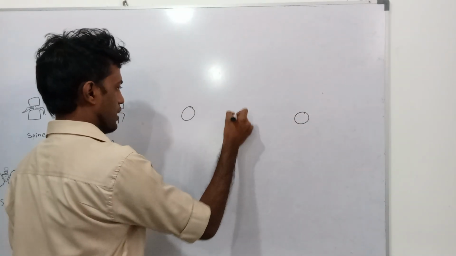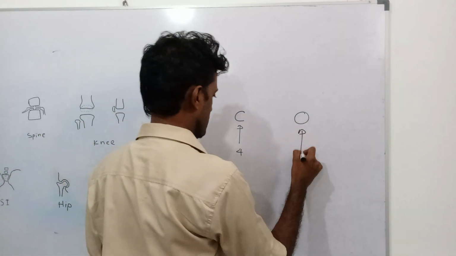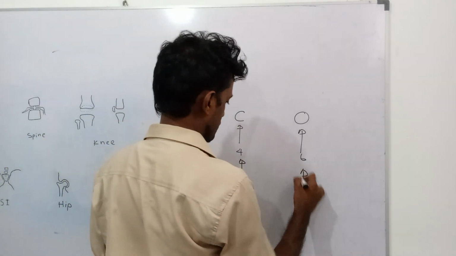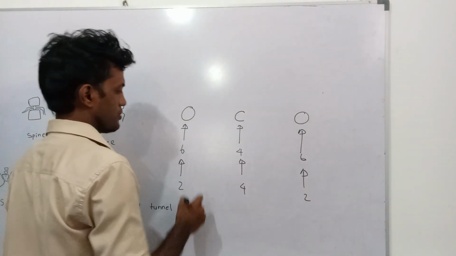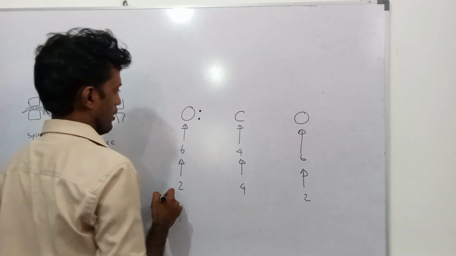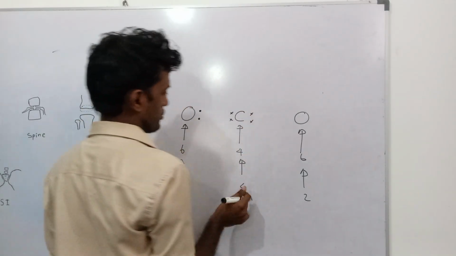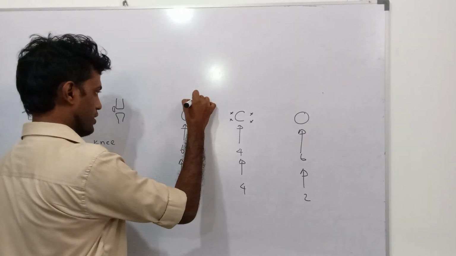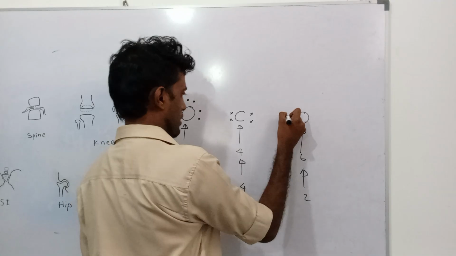Here carbon is in the 4th group, and oxygen in the 6th group, needs 2. Carbon needs 4, oxygen needs 2. So 2 need to be shared. Carbon needs to share 4. So there are no lone pairs on carbon, but each oxygen has 2 lone pairs remaining. This oxygen is also satisfied.